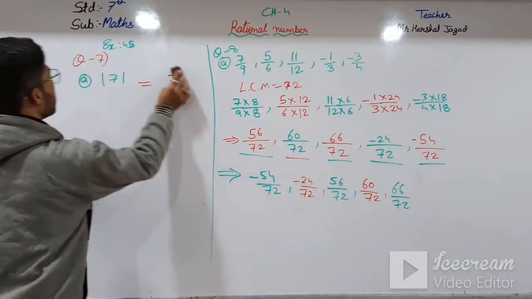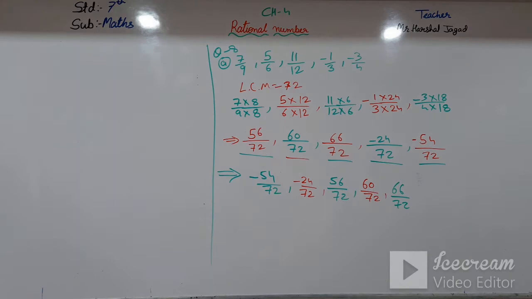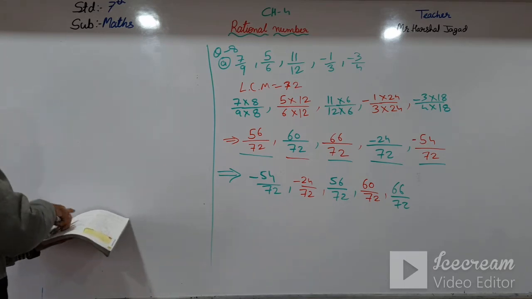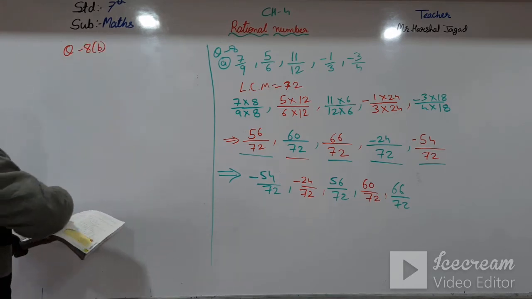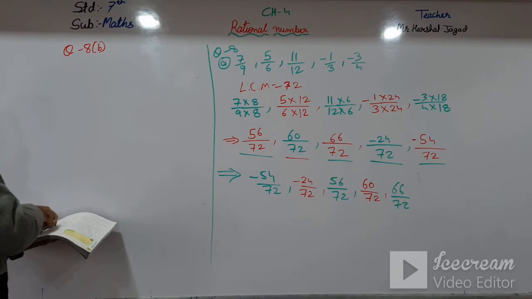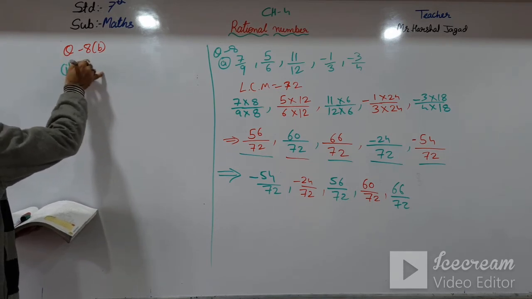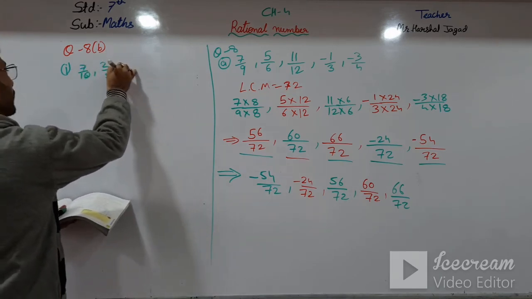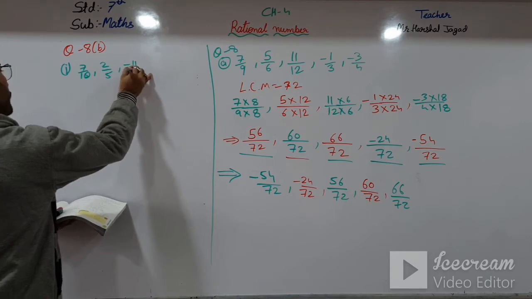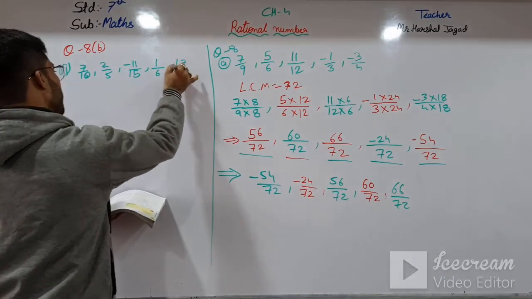In this also we will do the same. Question 8b: 7 by 10, 2 by 5, minus 11 by 15, 1 by 6, 17 by 30.